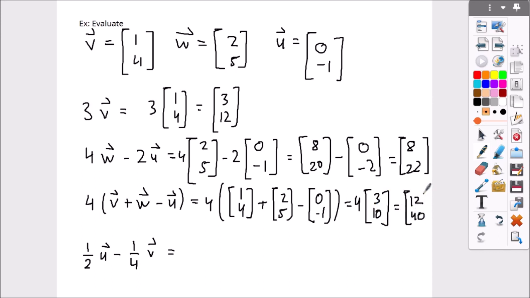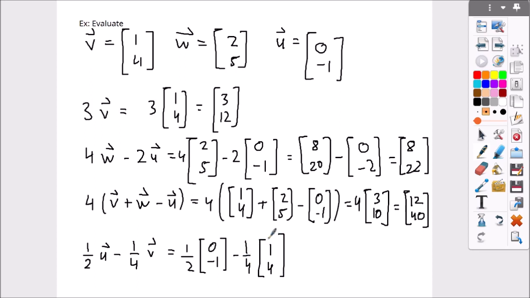4 times 10, 40. 1 half u minus 1 fourth v. What's 1 half u? 1 half u is 1 half times 0, negative 1, minus 1 fourth v, 1 fourth, 1, 4. This is not 1 times 1 and then 4 times 4.